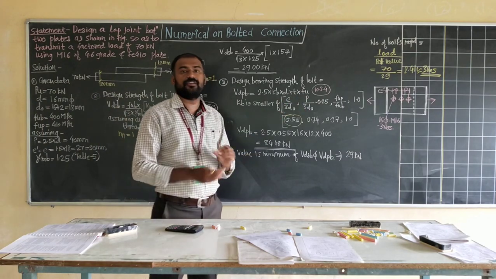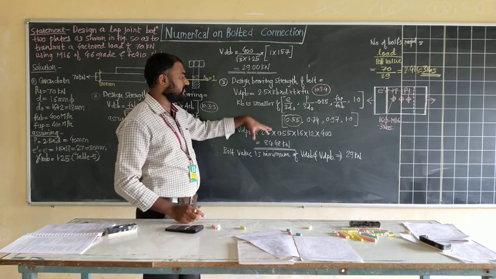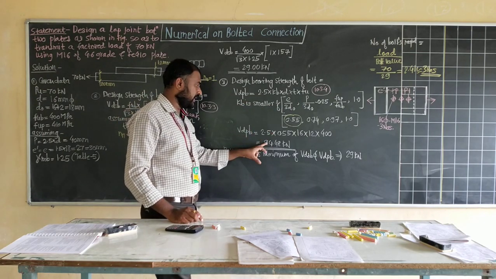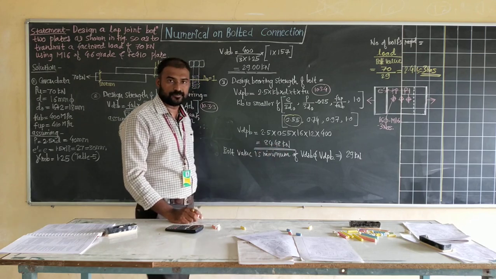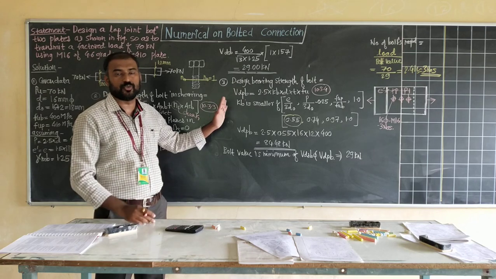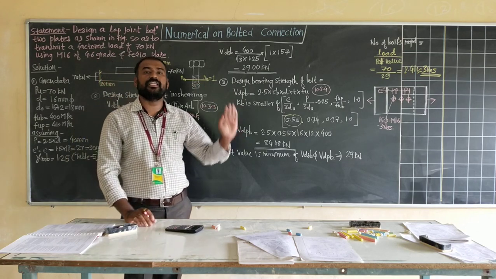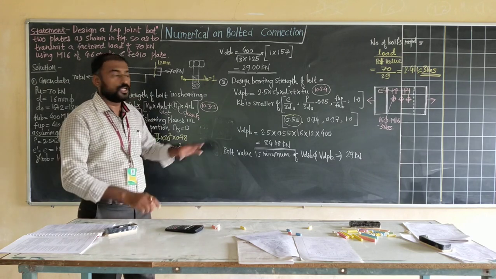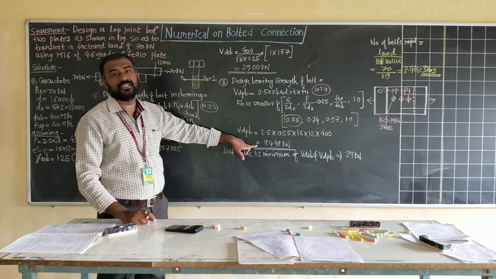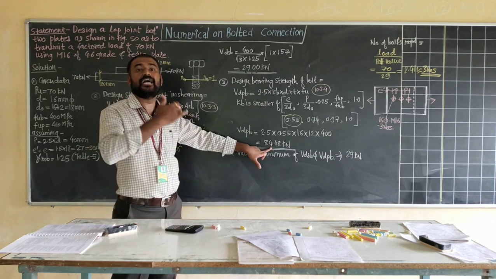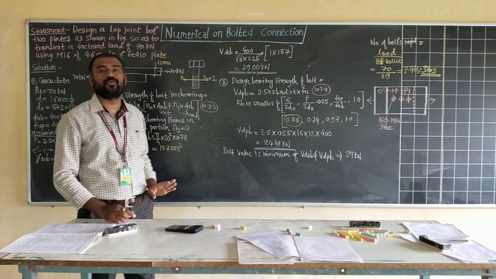And the Fu value we have already seen, that is equal to 400. Putting the values and calculating, you get the design bearing strength of the bolt as 84.48 kilonewton. The design strength is always the minimum of these values, that is shearing strength, bearing strength or tension strength. The tension value we are not considering here. Therefore the minimum of these two will be the bolt value, that is either 29 or 84, because initially for that loading your bolt is going to fail.